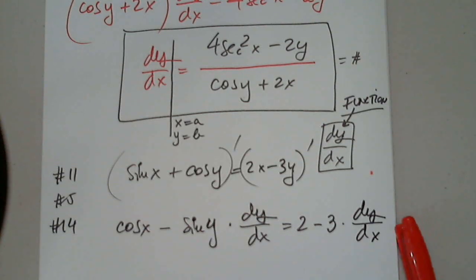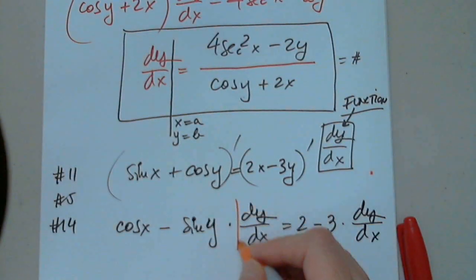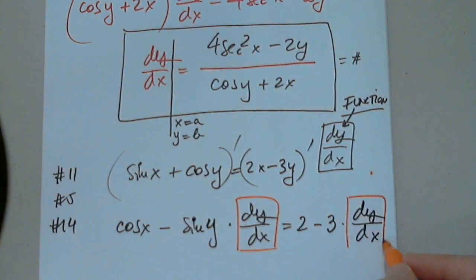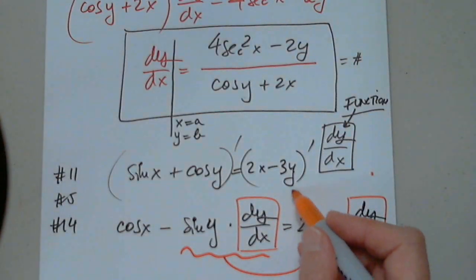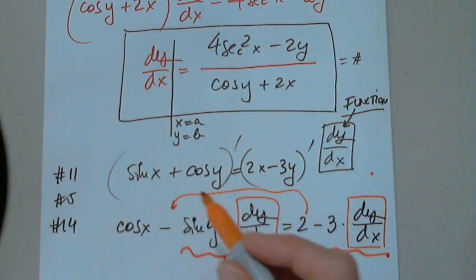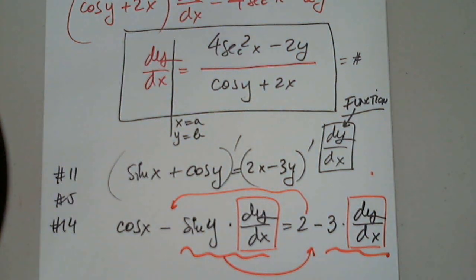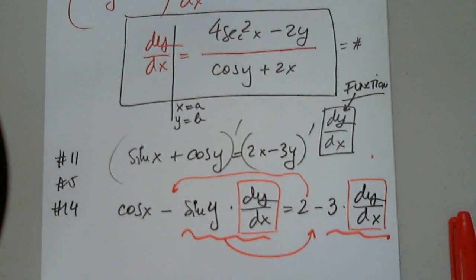We are after, now this is algebra only, we are after this, but it's in 2 different terms, one on one side and one on the other, so I will move this term here, and then I have to move 2 to the other side. Every time I move a term from one side to the other, I change its sign.